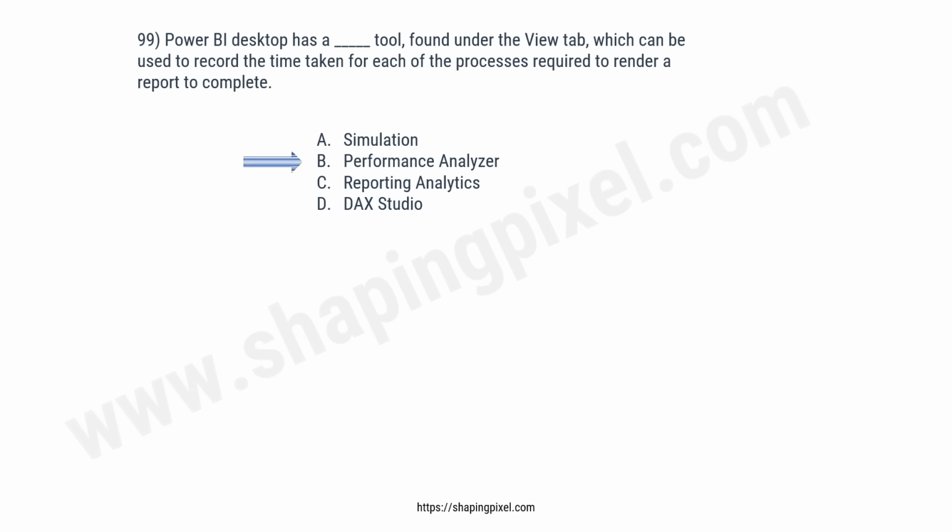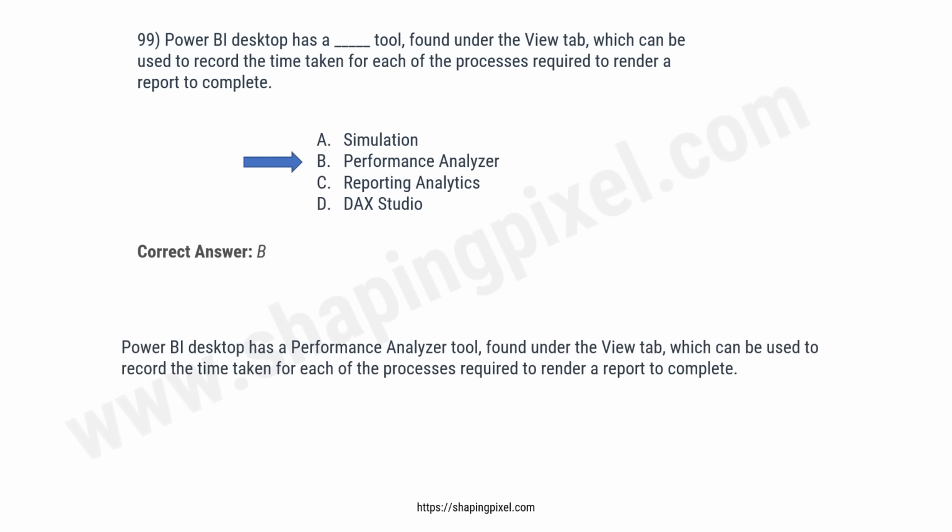So the right answer here is option B, performance analyzer. Power BI Desktop has a performance analyzer tool found under the View tab, which can be used to record the time taken for each of the processes required to render a report to complete.